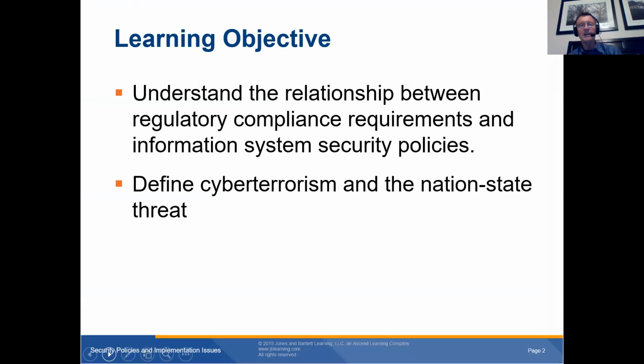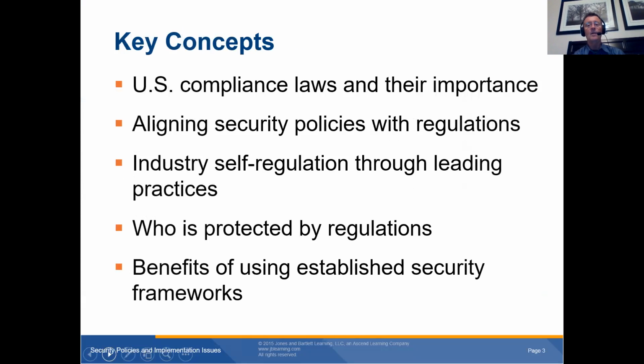So some of our learning objectives are to understand the relationship between regulatory compliance. We have things like HIPAA or Sarbanes-Oxley or PCI compliance, and all those things drive different requirements technically that we have to implement. We're going to look at cyber terrorism and nation state threats. We're also going to take a look at US compliance laws and how to align security policies with regulations.